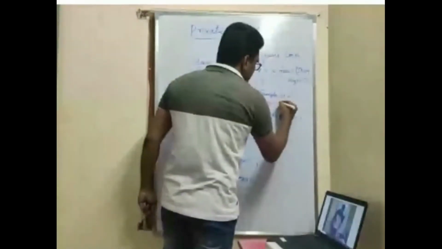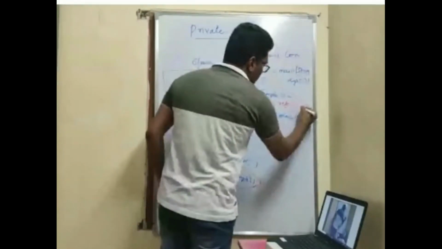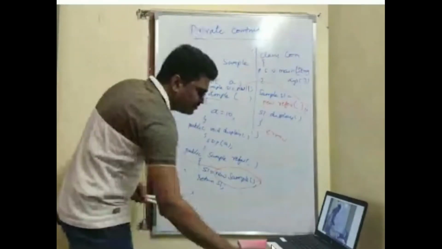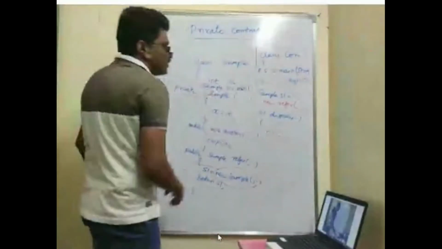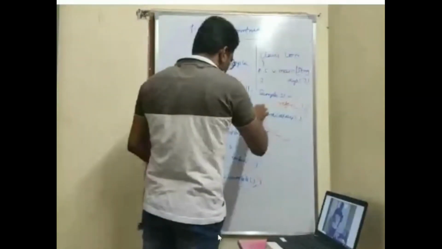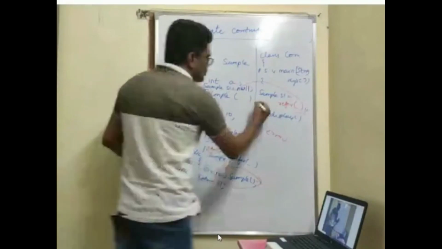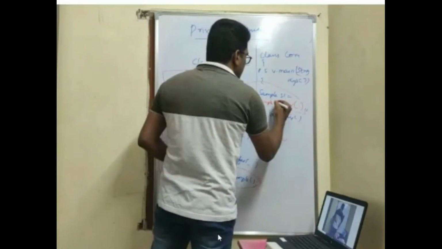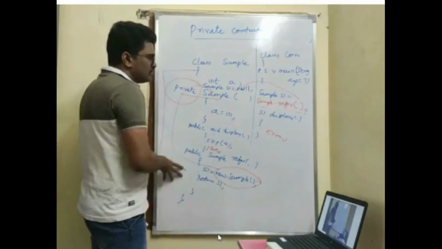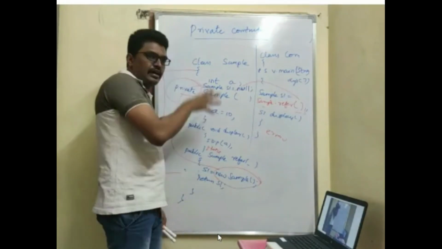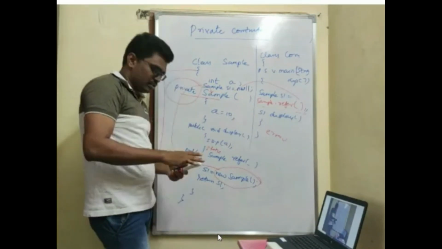You can put a new refer. The refer method you can call. If you want, you can make it a static method so that you can call it with the class name. So I'll call it as Sample.refer. This is a little bit complicated, nothing much important, but just know that a constructor can be private.